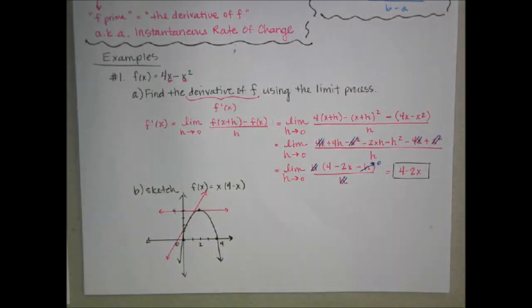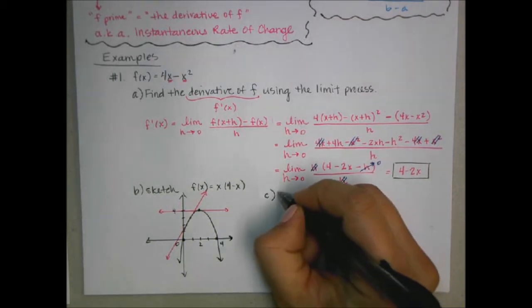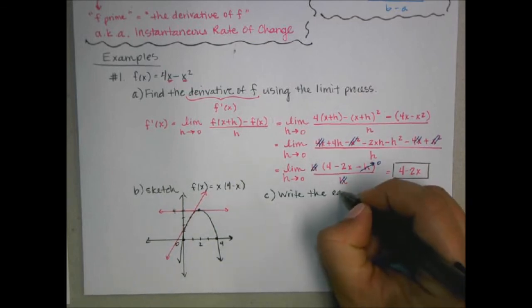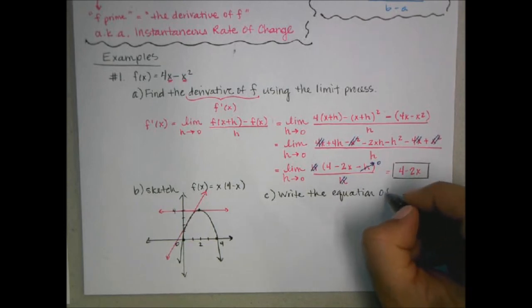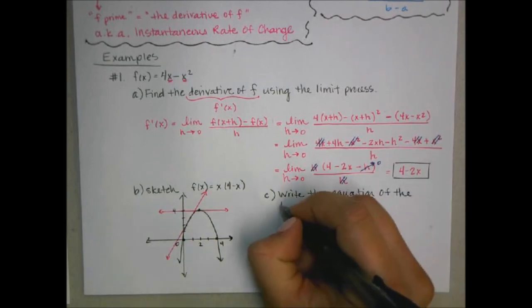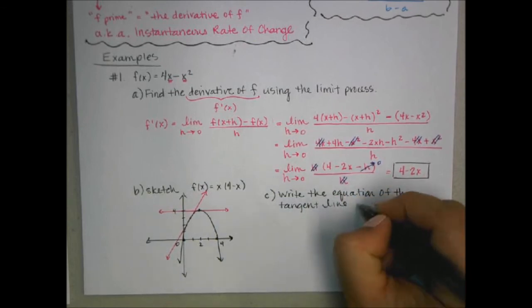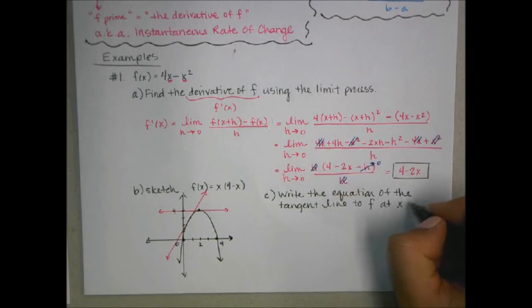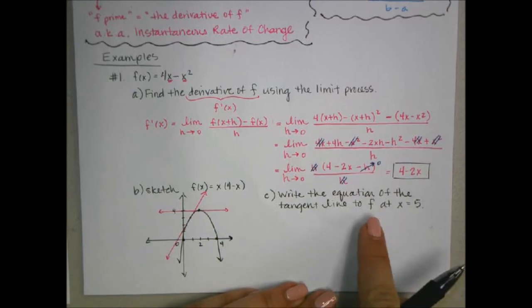Let's look at part C. Write the equation of a tangent line to this function when x is 5? Well, there's two things that we need to know to write the equation of a line.